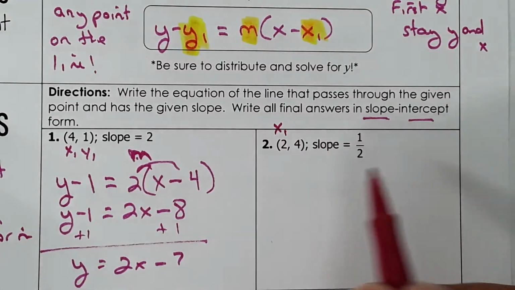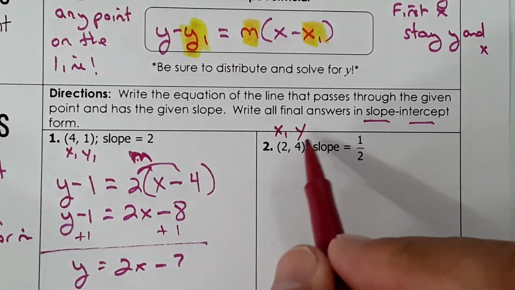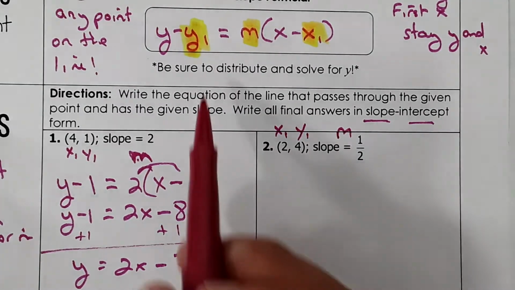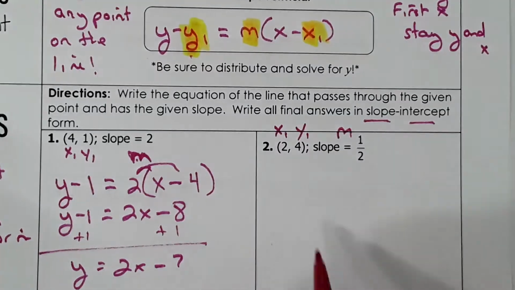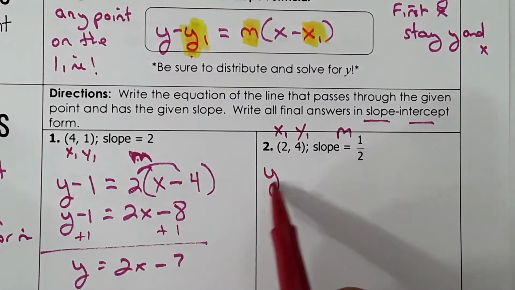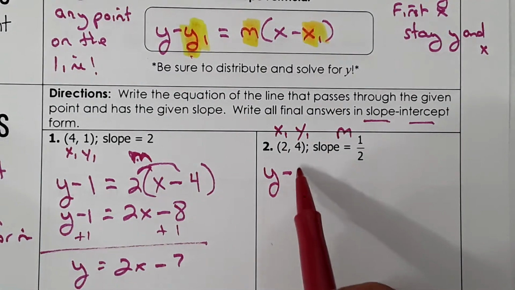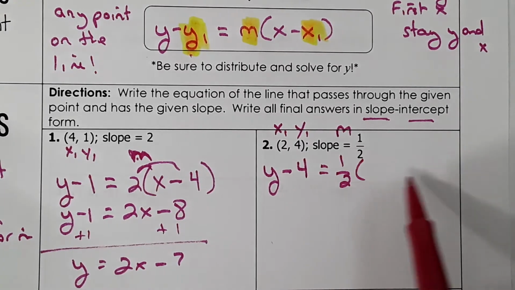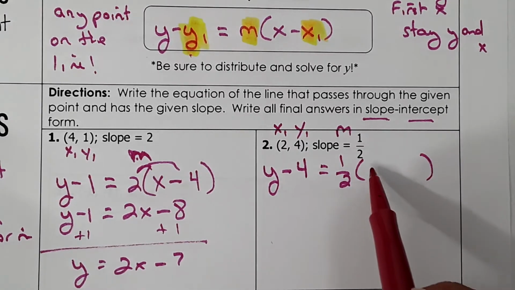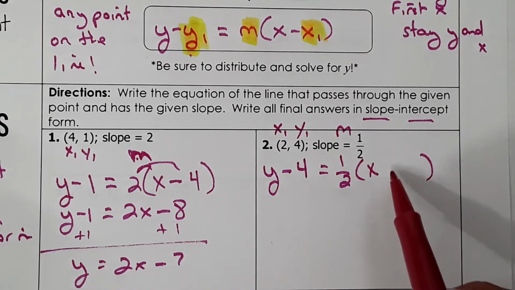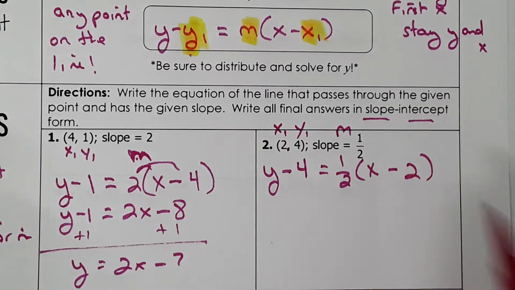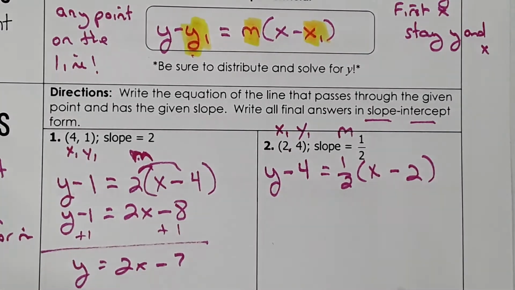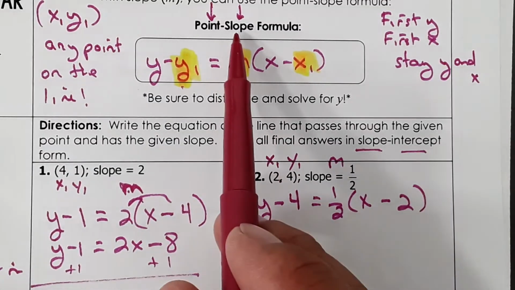This is my x1 number, this is my y1 number, and this is the slope. So I'm going to plug those in where they go. So the first y stays y. Y take away this y number, which is 4, equals the slope, which is m. Open a parentheses, the first x stays x, minus, and the x number, which is 2. So now I've got an equation here which is in point-slope form.